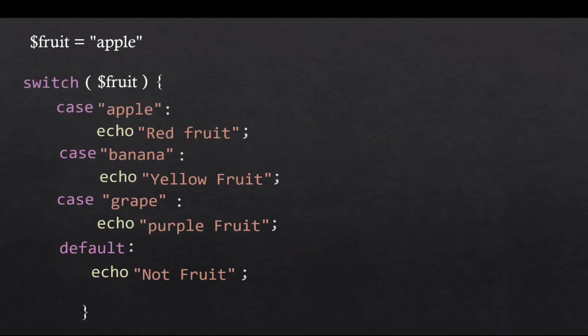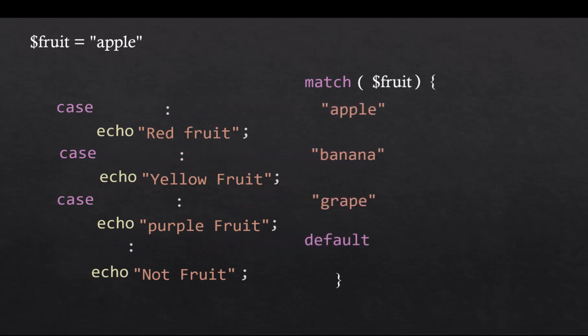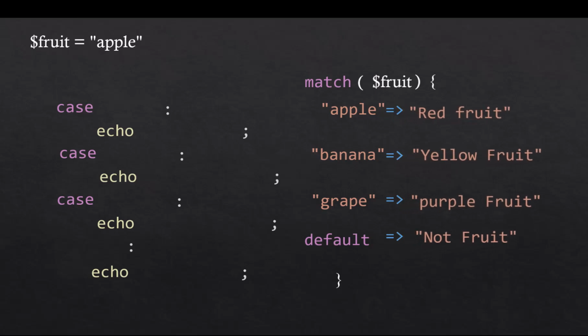Now, let's see how we can change the switch statement that we used in the previous example to a more powerful alternative, the match expression. To change the switch statement to a match expression, first, instead of switch, we will type match, then pass our variable, and on the left side, we will move our options, then the arrow, and after that, our values that we want to get.